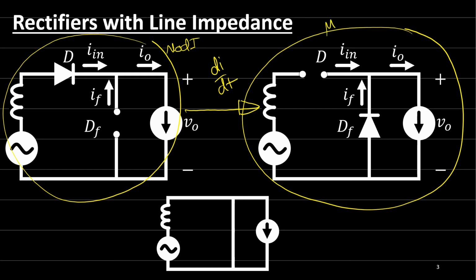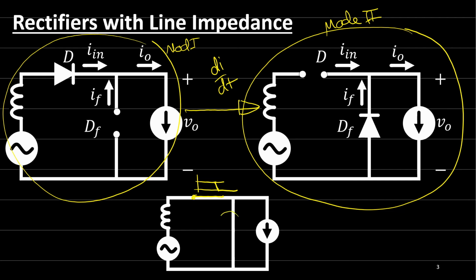to mode 2. But if we have line impedance, as we said, the inductor holds the current, so it takes time for the current to move from the conduction mode here, from the I output value to zero value. So it takes time to reach the zero value.